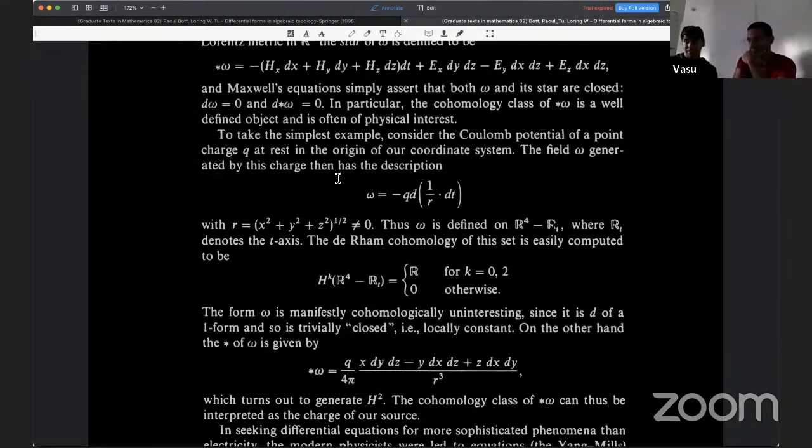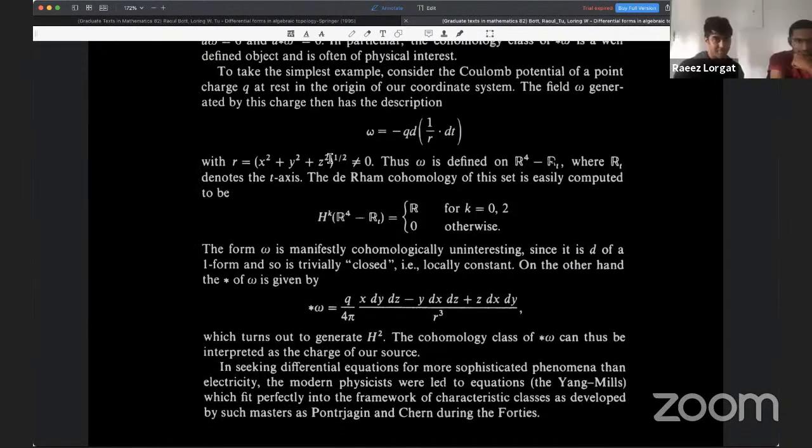Now we can look at some extremely simple concrete example. Let's be super concrete. We'll consider the Coulomb potential of a point charge at rest, say at the origin, so in R4 it's 0, 0, 0, 0.